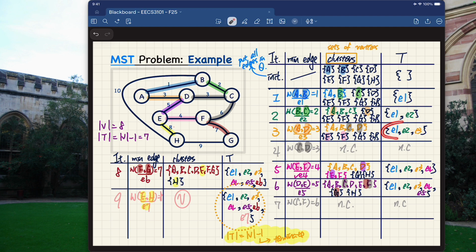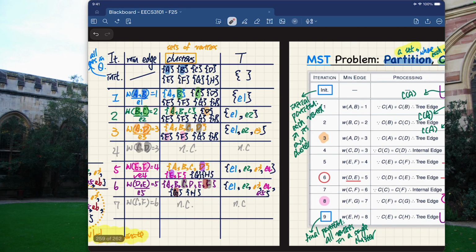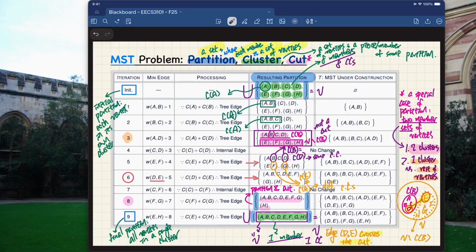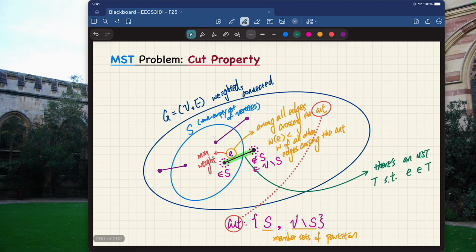And later T contains E1, E2, and E3, etc. That's what we meant. So we are representing the minimum spanning tree by a set of edges. We also say that E is a safe edge. That's something you will also see on the slides.